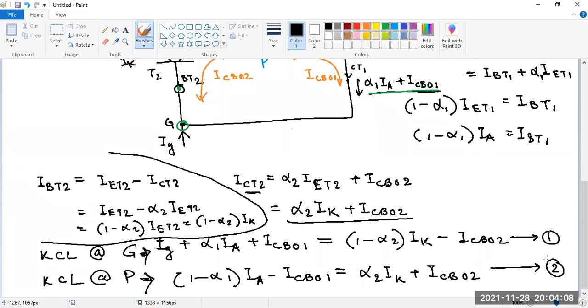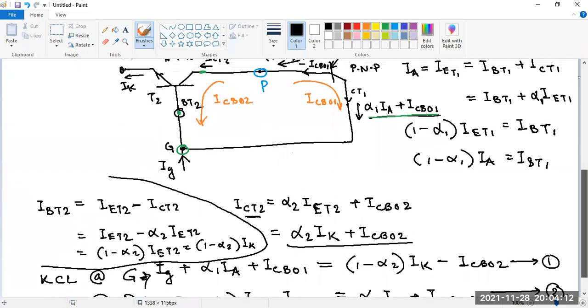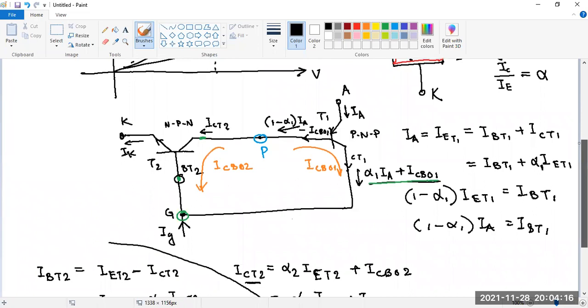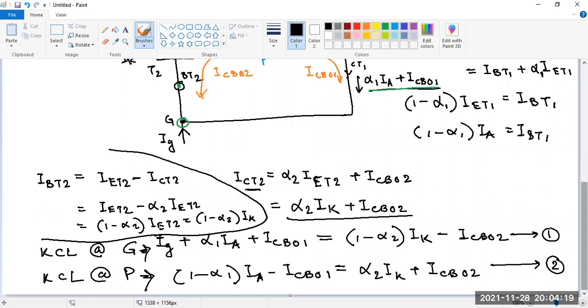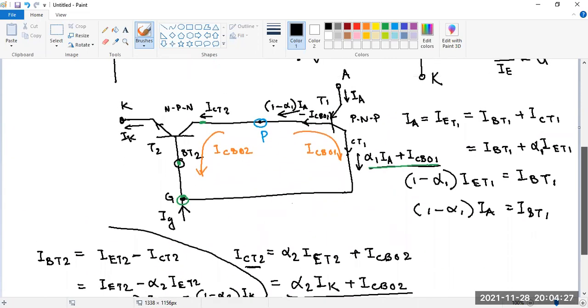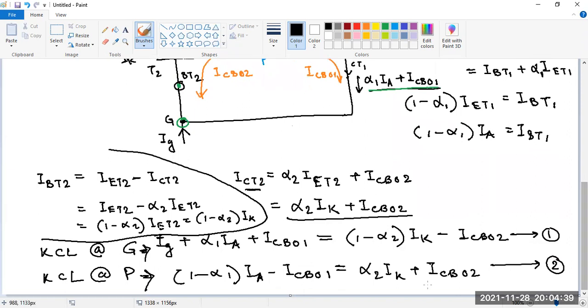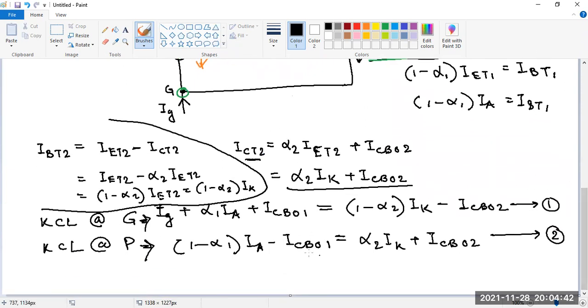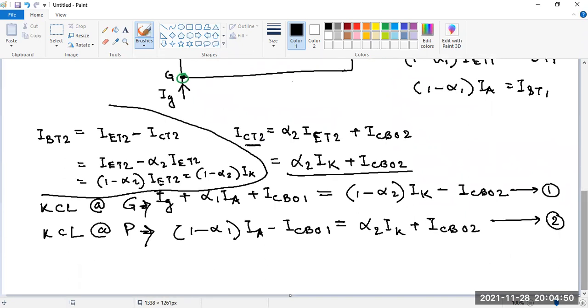So we have to write 2 KCL equations. That is the main thing. We have to understand the flow of current at different branches and finally write 2 KCL equations: KCL at the gate terminal, and KCL at an intermediate point between the collector of transistor 2 and the base of transistor 1, that is the point P. Then we have to solve for the anode current IA, and we can eliminate IK.